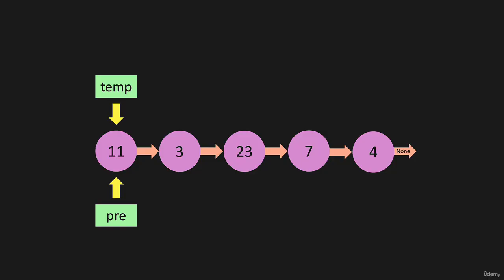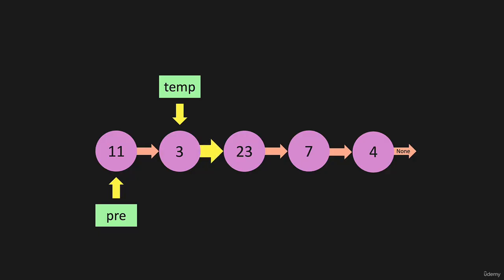So what we're going to do is we're going to say if temp.next is not none, in other words, we're not to the end of the list, what we're going to do is we're going to set pre equal to temp, which it is already in the first iteration, and then we're going to set temp equal to temp.next.